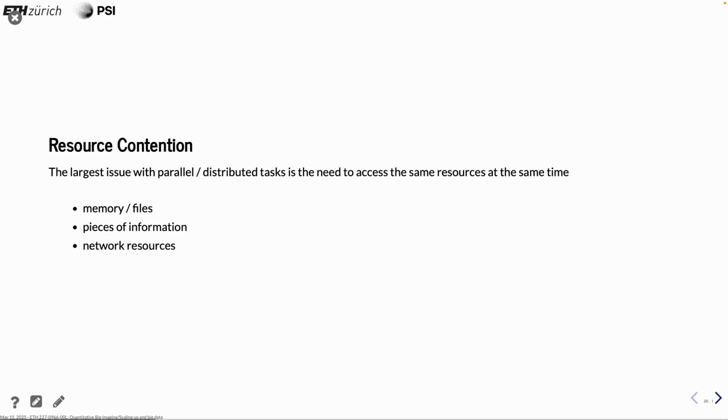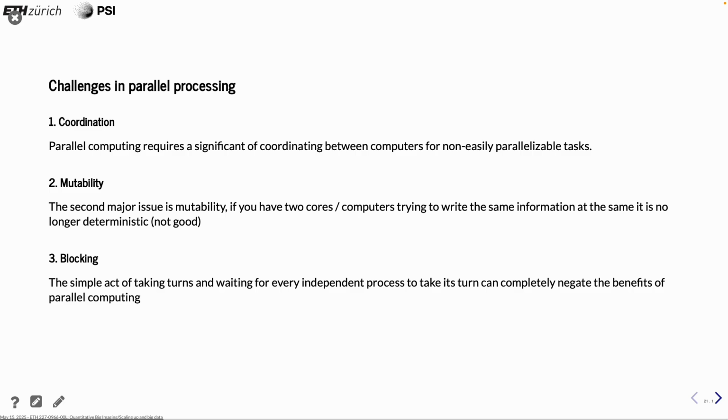So these are things that you need to optimize for and make sure that they are not blocking each other somehow. So the first thing is you need to coordinate, and make it easy to work with different components. And mutability is the problem that you want to try to write on the same spot.